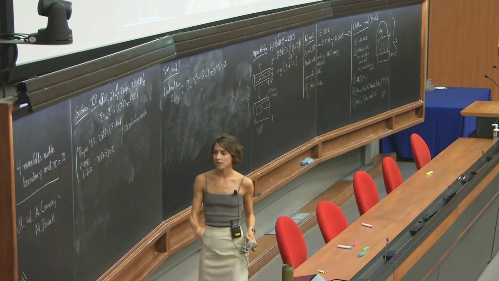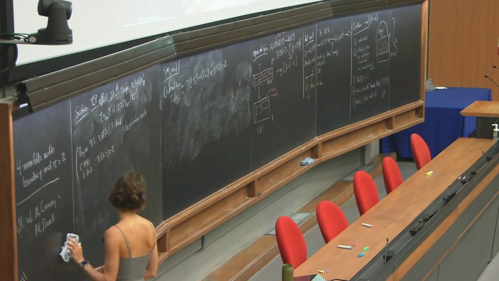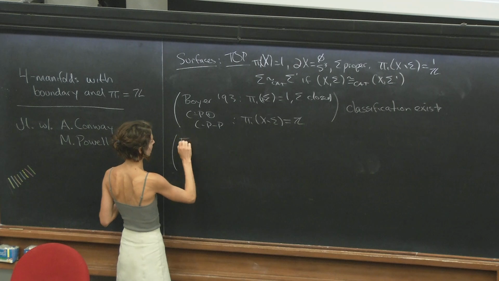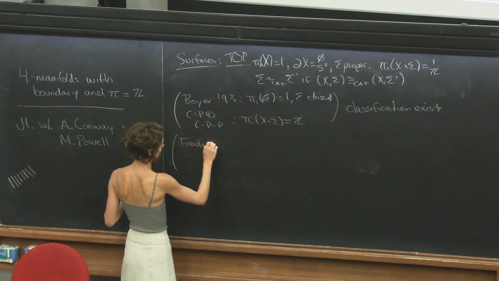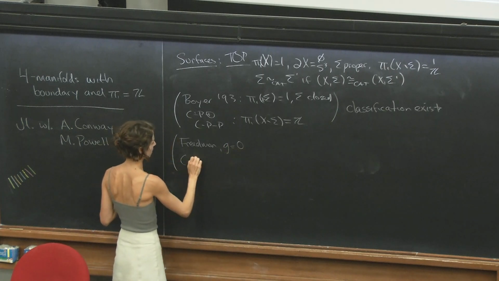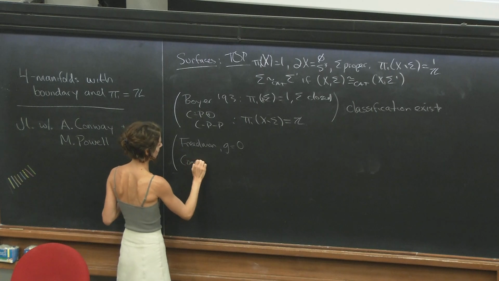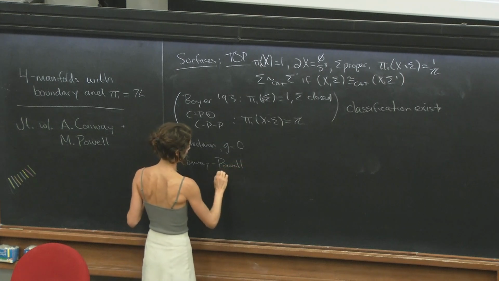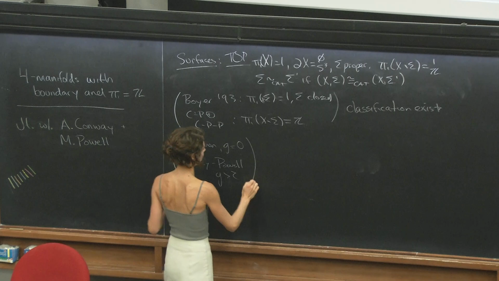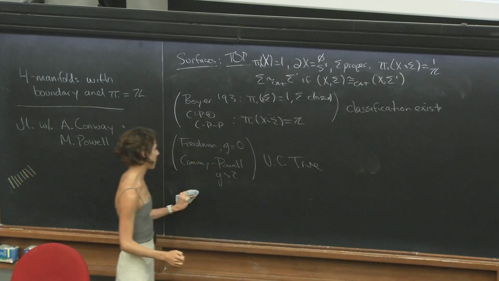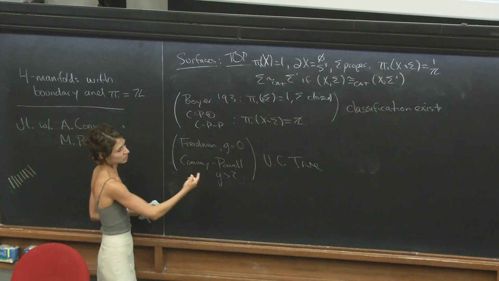So in the topological category, this is a theorem for most genera. Freedman proved this for genus 0 surfaces, and Conway and Powell proved this for genus greater than 2. Before you ask, it's open in genus 1 and 2.